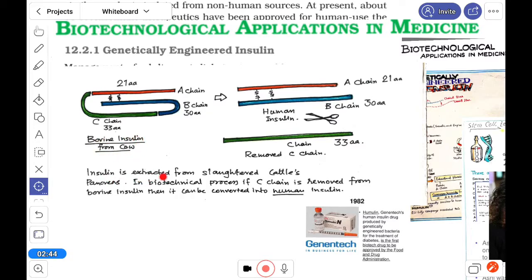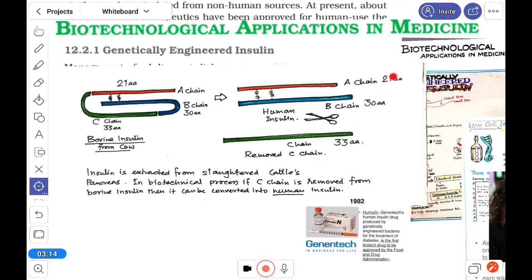This insulin is extracted from the pancreas of slaughtered cattle, and after that the C chain is removed. Why is the C chain removed? Because human insulin contains only the A and B chains. So the C chain we have to remove, and the A and B chains remain.